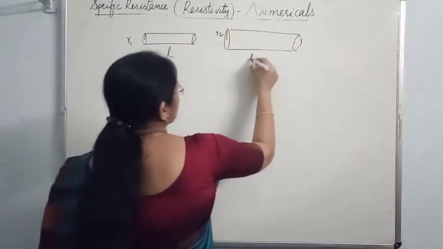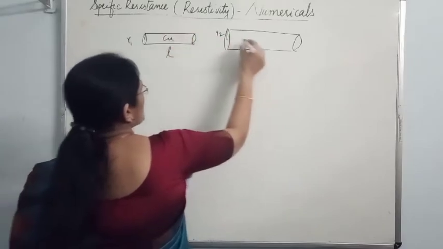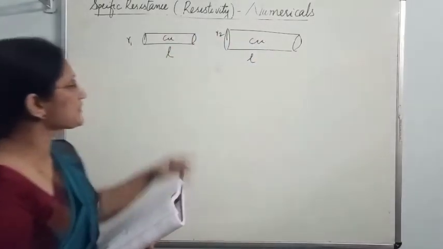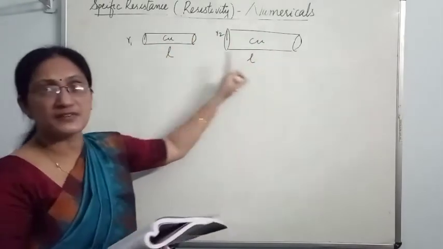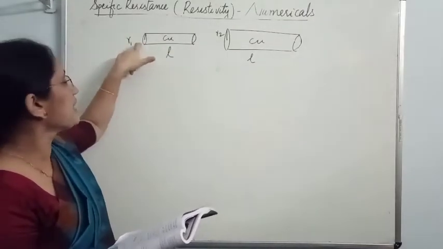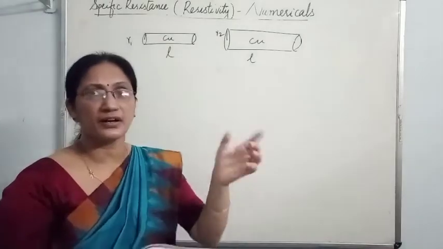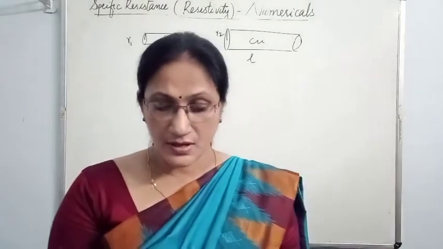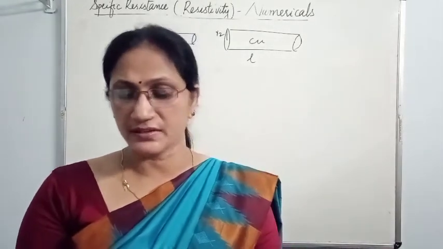Length is the same and material is also the same. Two pieces of copper wire having the same length but different radii. R1 and R2 are the radii of the two wires. Compare their resistances and resistivities.